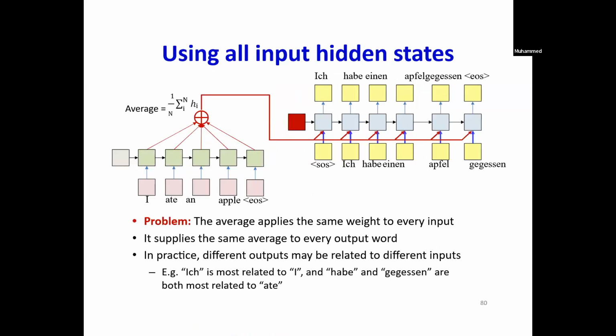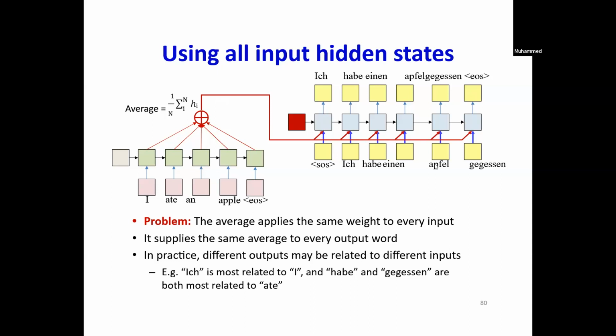Simply what we could do is take an average of all the hidden states from all the words or whatever token they're using, which could be characters or words. Then we can use all the hidden states from the entire input, make an average, and use that average to generate the output at each time step.